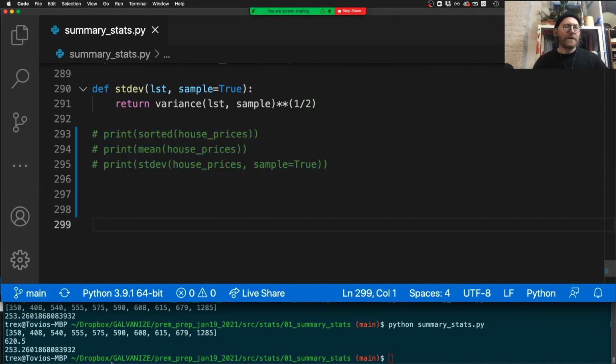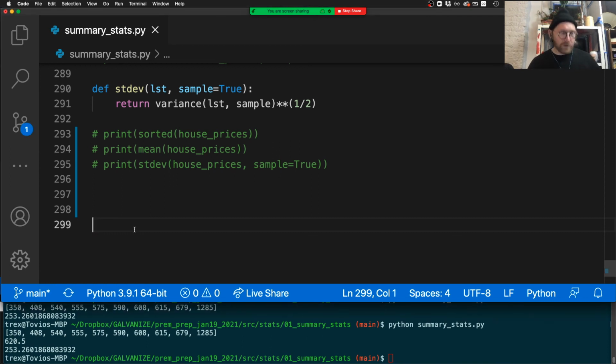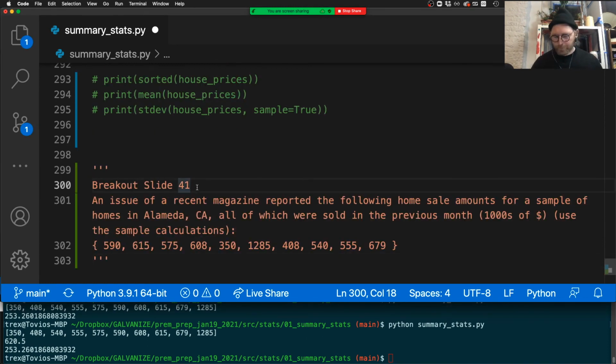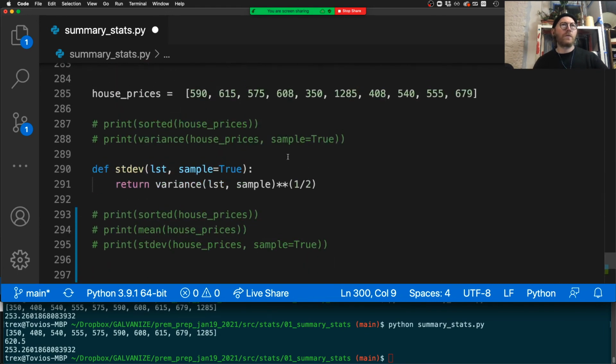Okay, so to drive this point home, there's actually a breakout on the subsequent slide, which I'm just going to code out right here. It's just the same data as before, so we already have the answers to a lot of this.